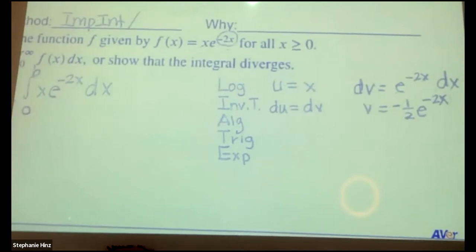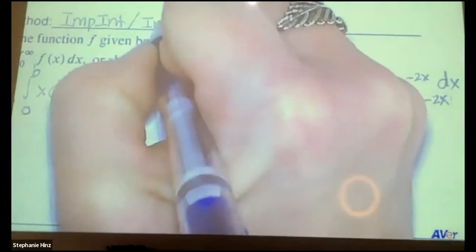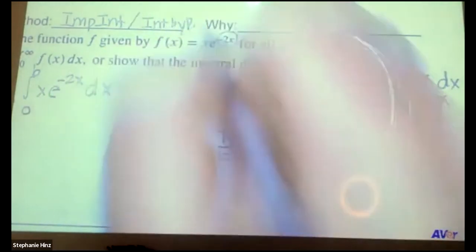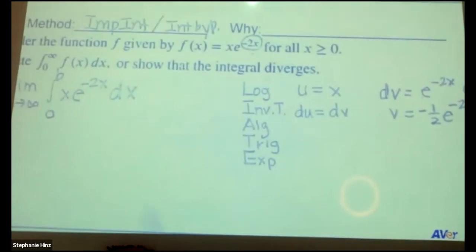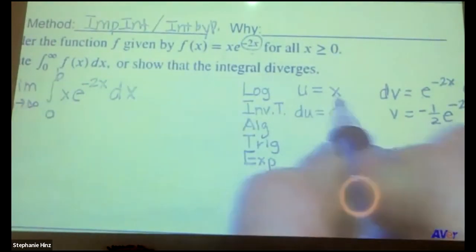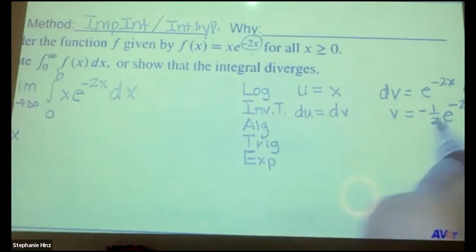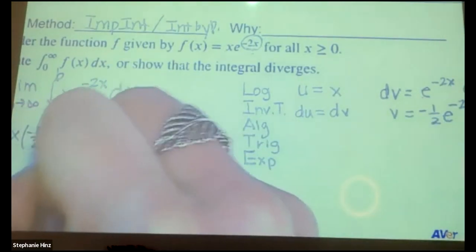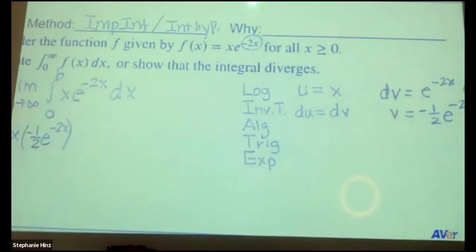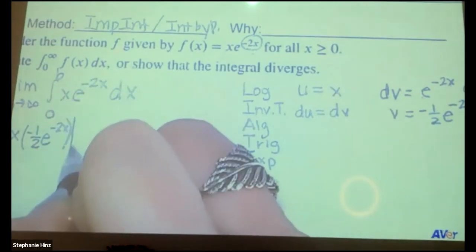So now, integration by parts is what we're also adding in here. Integration by parts is u times v. So my u is x times v, and my v is negative 1/2 e to the negative 2x, and I'm evaluating that from 0 to b.